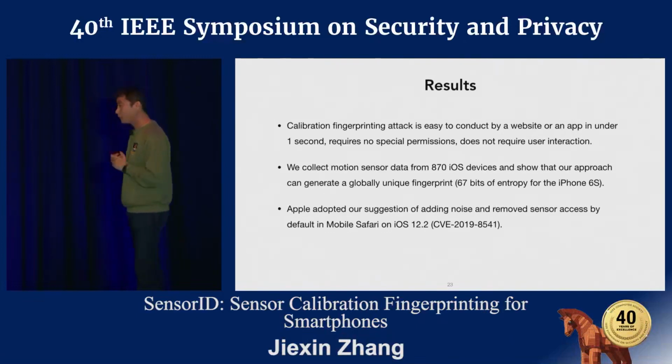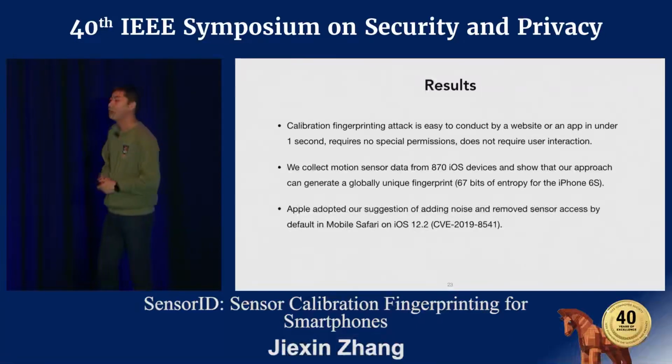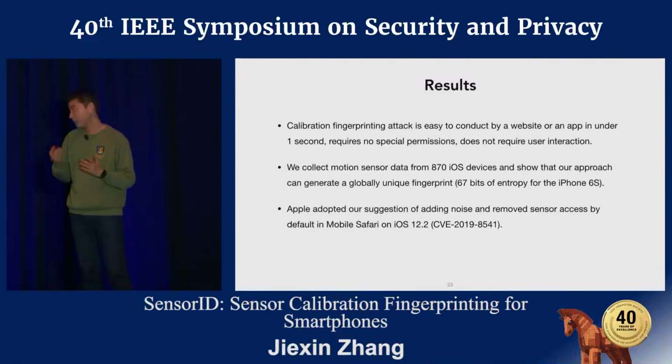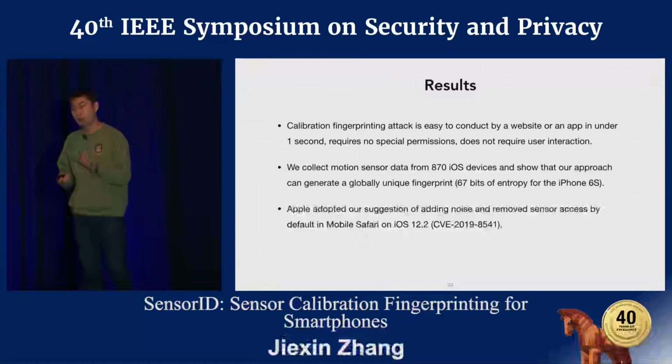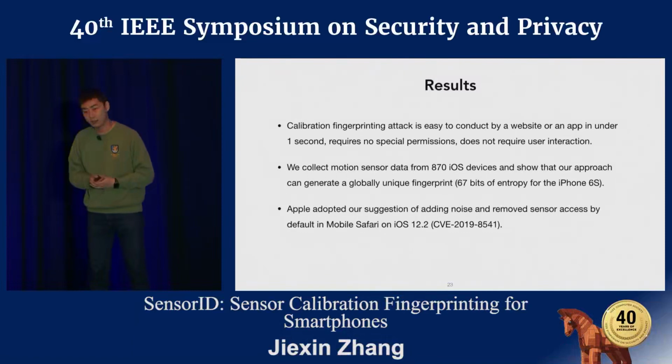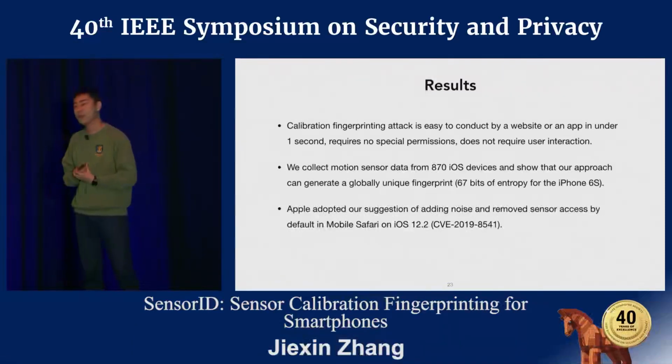To conclude, we have proposed a new type of device fingerprinting attack called the calibration fingerprinting attack, which can track users across apps and websites and is extremely efficient and effective. The highlight of this attack is that normally the calibration pattern is not something you would consider a privacy concern, because it's basically a trade-off between utility and privacy.